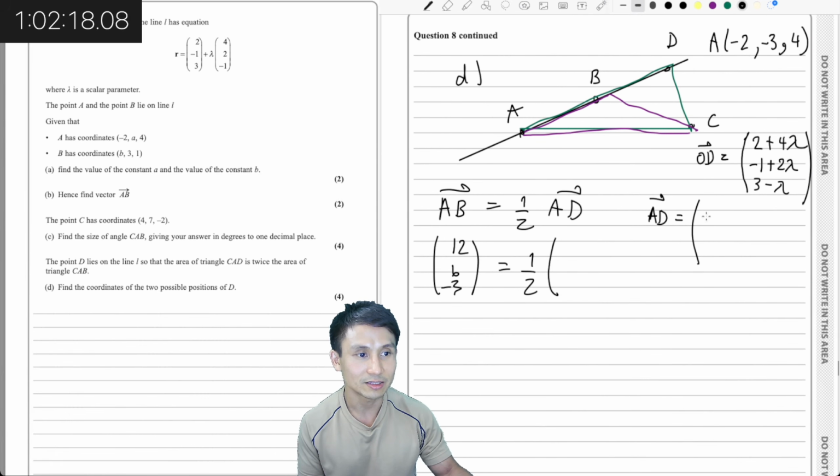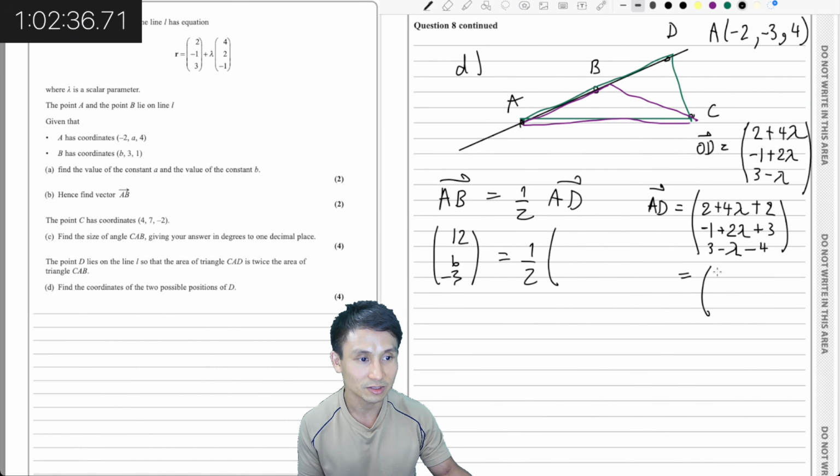So AD is D minus A, so it's 2 plus 4 lambda minus 2, which is 4 lambda plus 2. Then the J component, minus 1 plus 2 lambda minus 3, which is 2 lambda plus 3. Then the K component is 3 minus lambda minus 4, which is minus 1 minus lambda. Interesting.